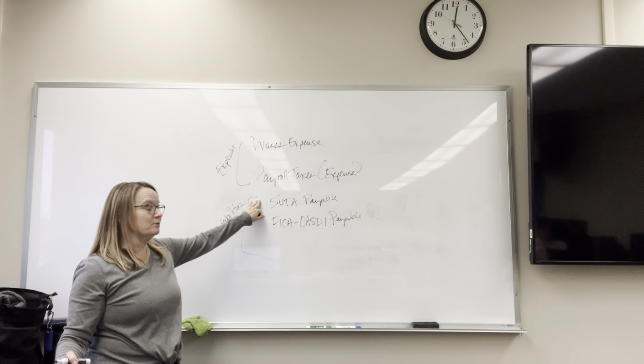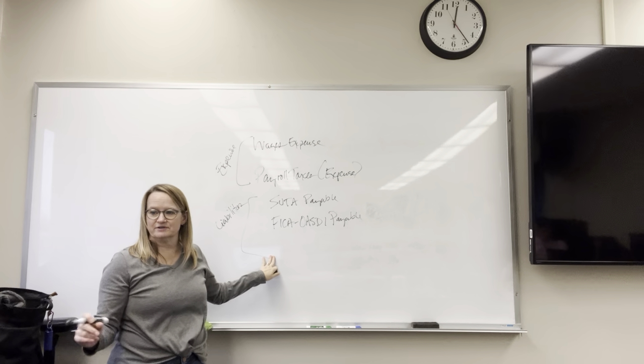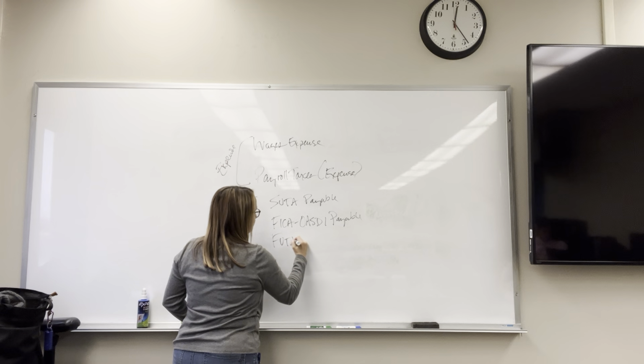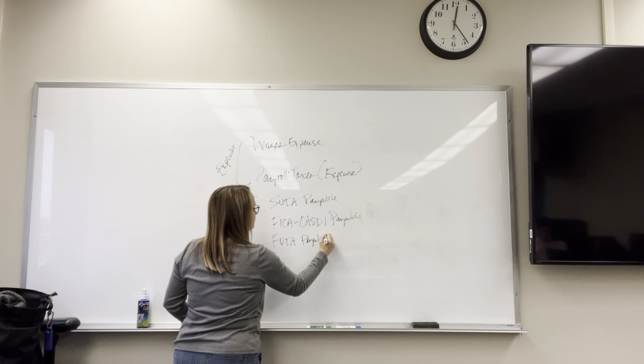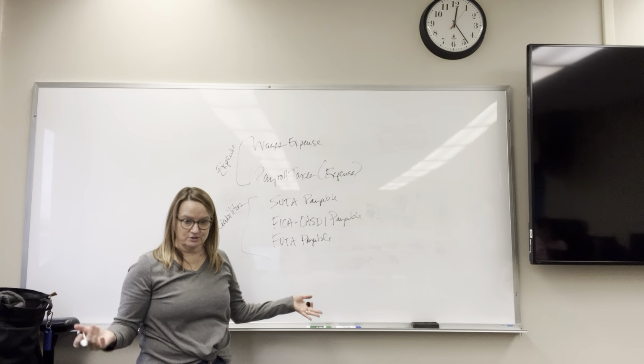So if we have SUTA payable, we probably also have, I just gave it away, FUTA payable. If we have OASDI payable, we probably also have HI payable, right?